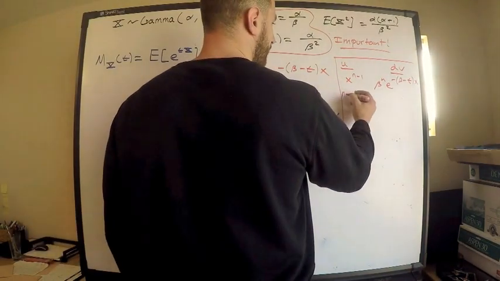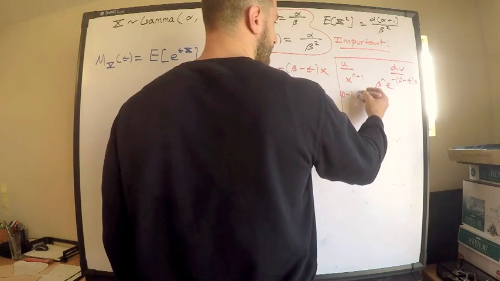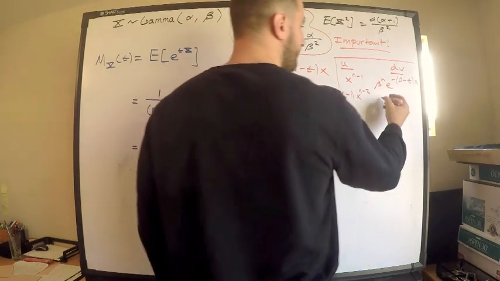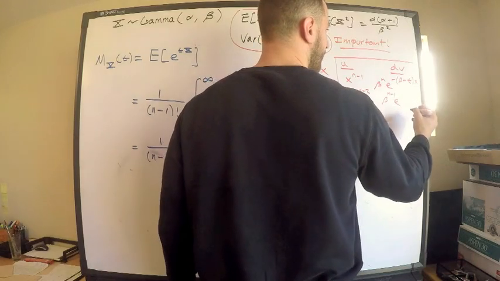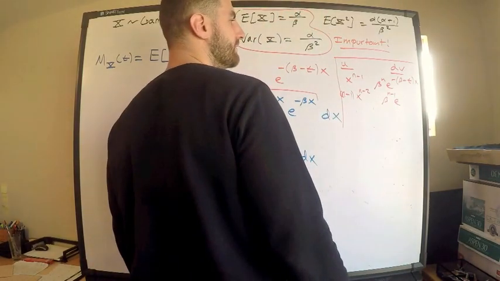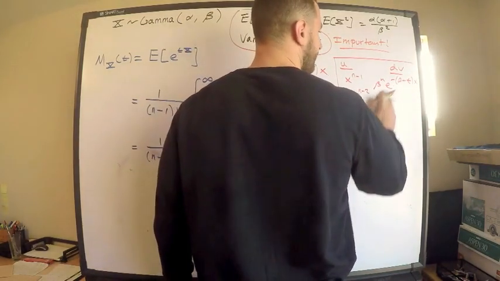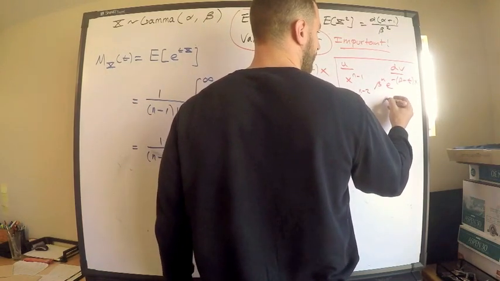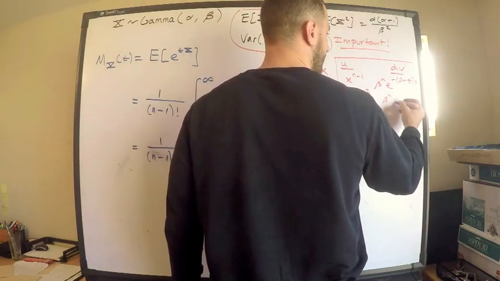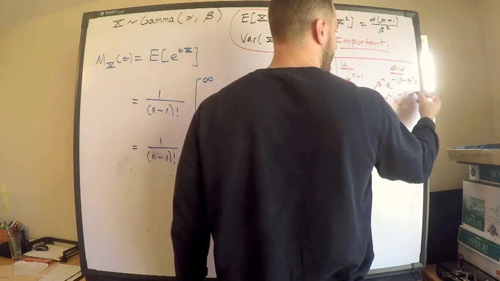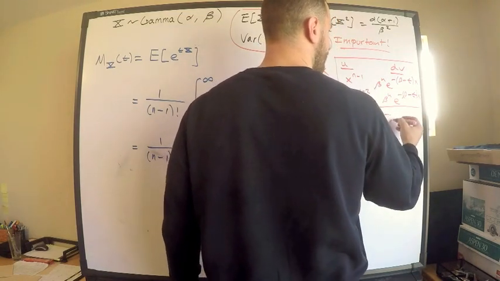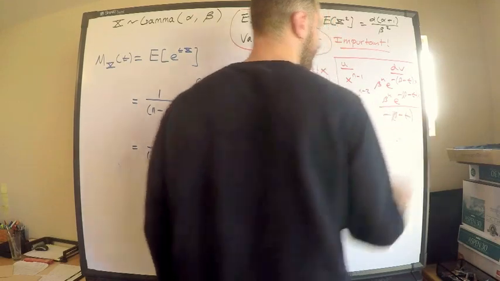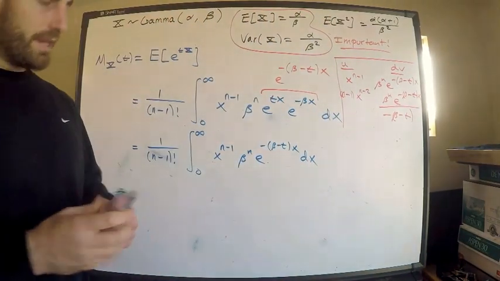This is n minus 1, x to the n minus 2. Then on the right, this is still beta to the n, beta to the n, e to the negative beta minus t, x, all over negative beta minus t. So keep going.